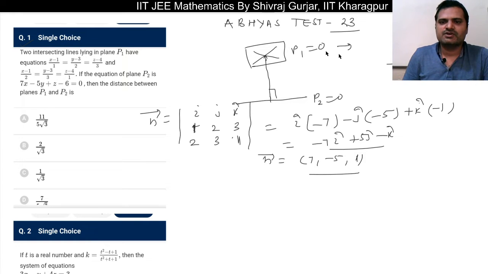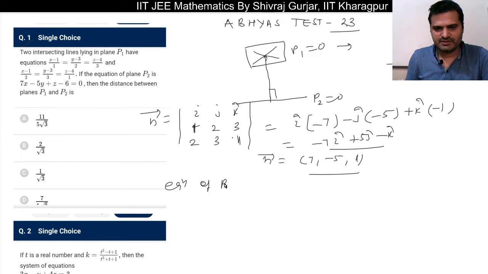So now let us find the equation of plane P1. We know the normal of this plane. Now we need a point. Obviously these two lines lie on the plane, so any one point we can take, 1, 3, 4. So the plane passes through 1, 3, 4.